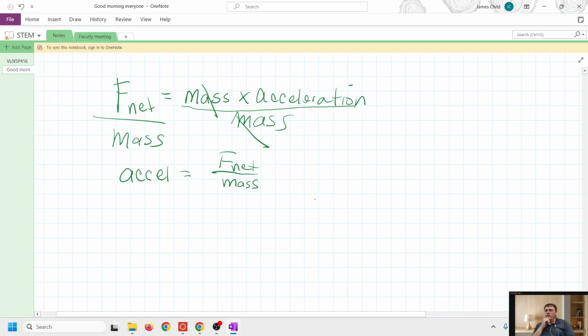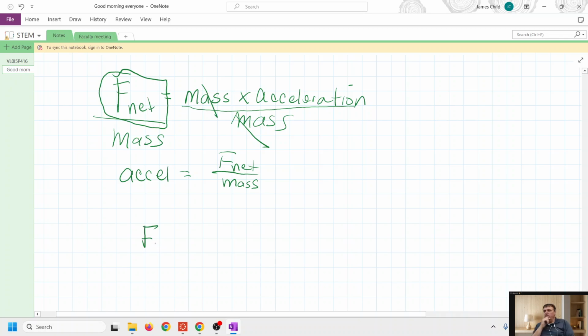Let's say I want to figure out how much force I've got to apply when I'm skating to get an acceleration equal to gravity. So that means I'm going to be using this first formula.